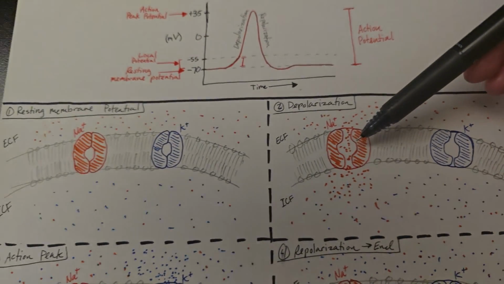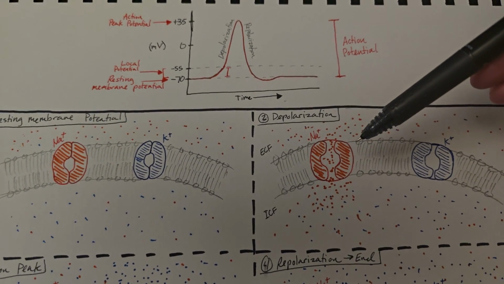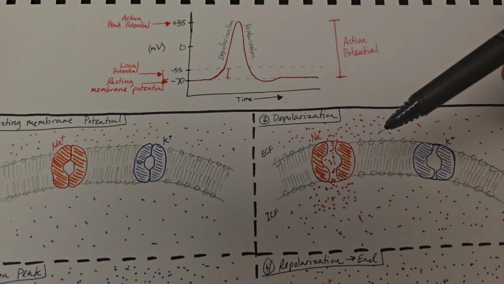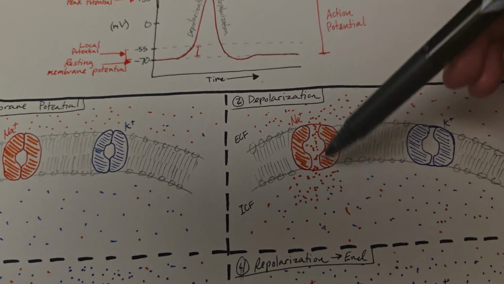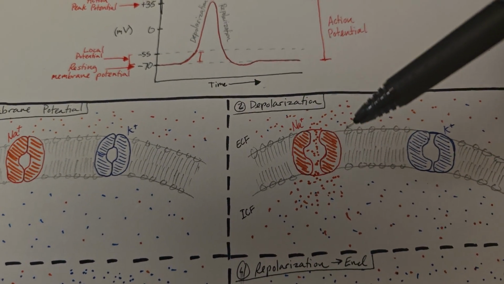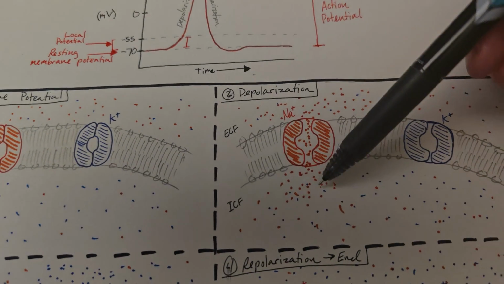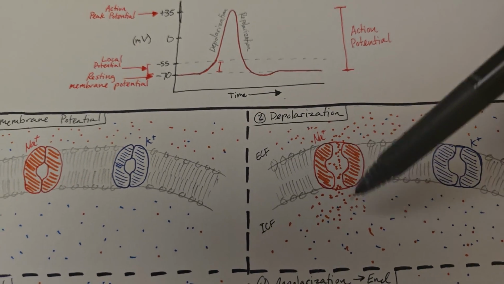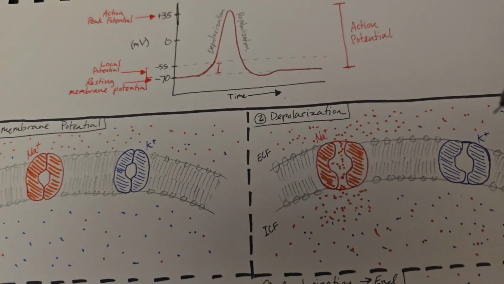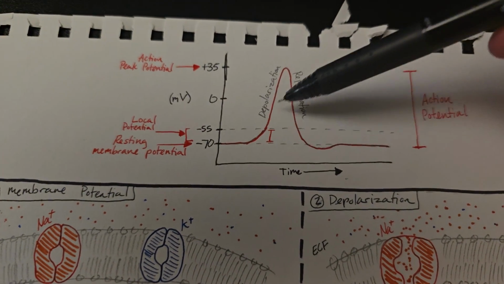As this opens, it's going to diffuse the sodium ions through the gate from the extracellular fluid to the intracellular fluid. It's going to cause a rapid diffusion, which means it's also going to be a rapid depolarization as it goes up.